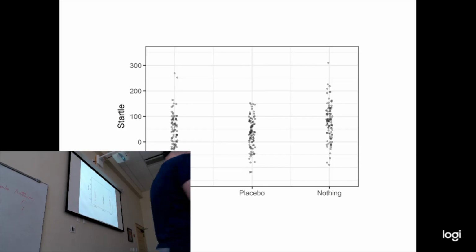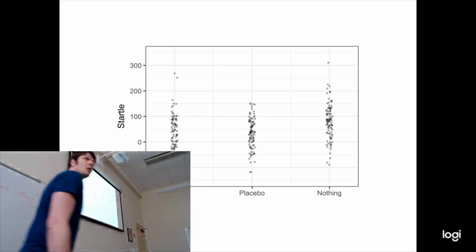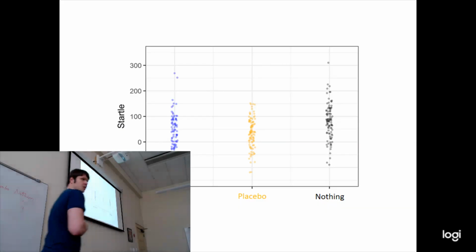So if you want to compare what it looks like if you're using dummy codes versus POCs, you can compare these two analyses. The first step is I'm going to color code each of the groups. My color coding is a little bit different because I switched up the colors to make things more visually apparent.